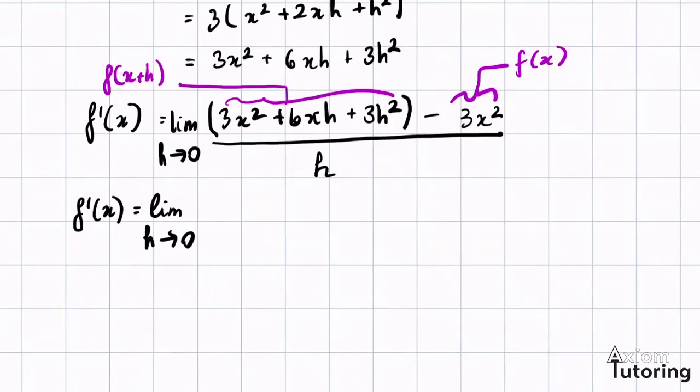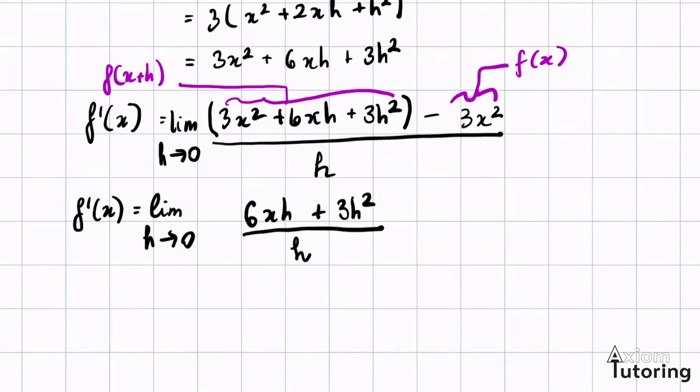So our 3x squared term will disappear. And what we're left with is just 6xh plus 3h squared in our numerator. So 6xh plus 3h squared over h. So the h remains there.